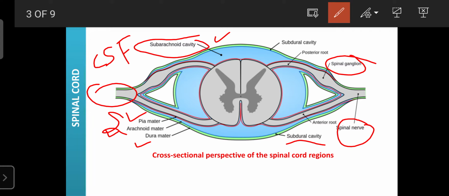and nitrogen. Like the cerebrospinal fluid in the brain nourishes different parts of the brain, the same fluid extends around the spinal cord. So in the spinal cord as well, it nourishes the spinal cord.